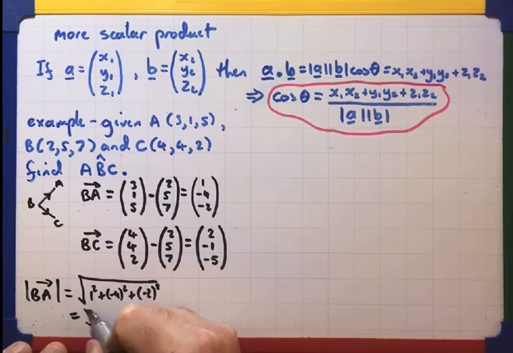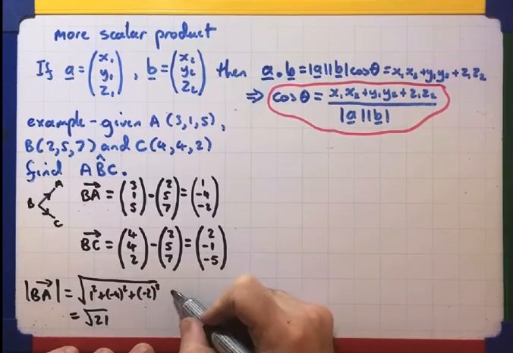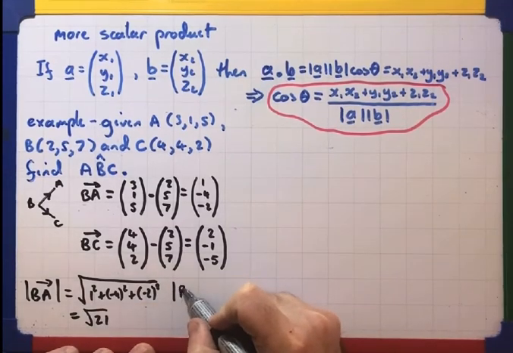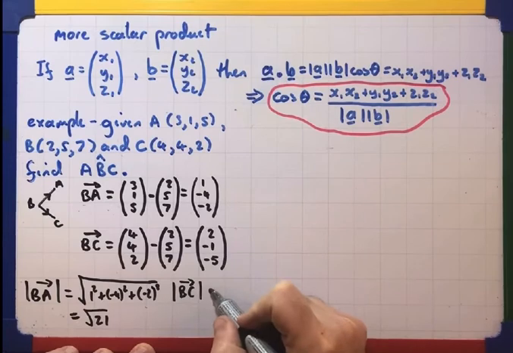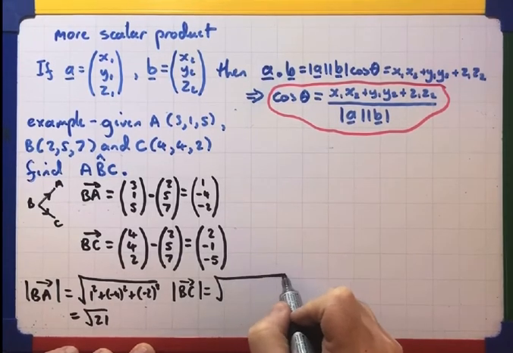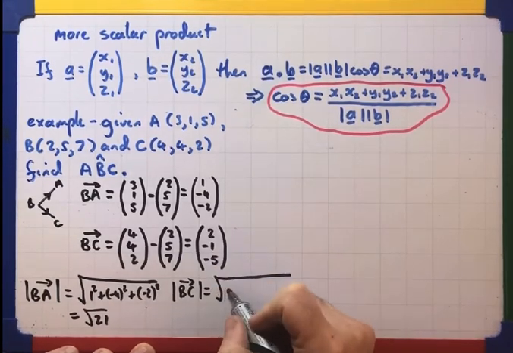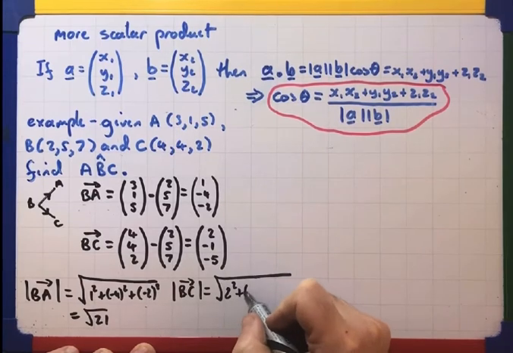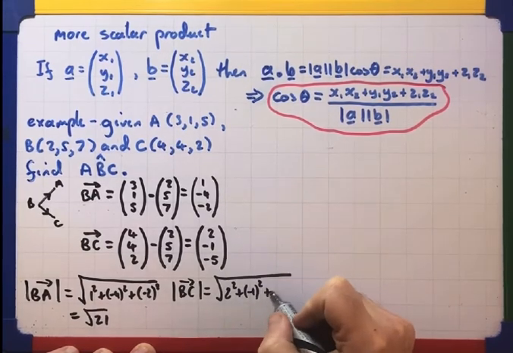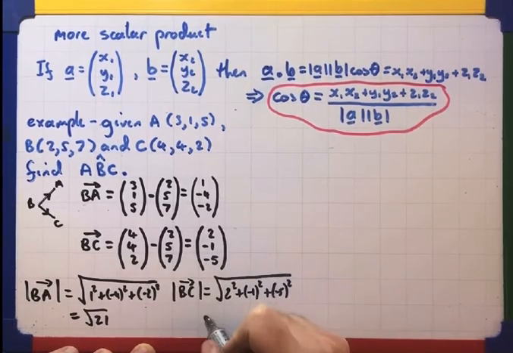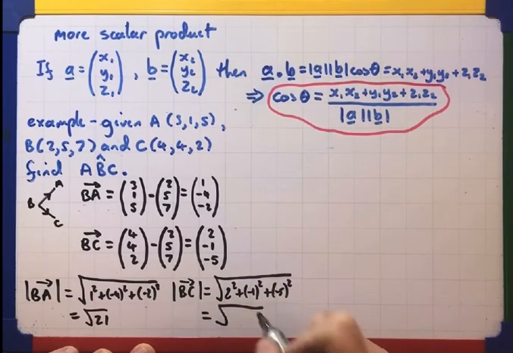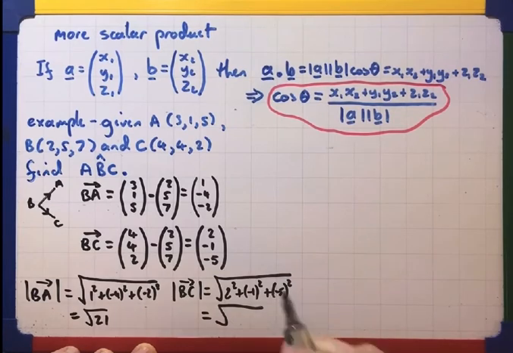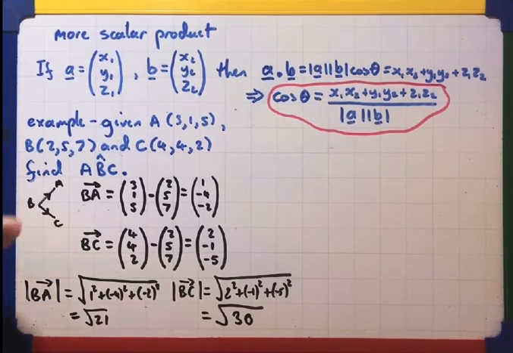So that's root 21. And for BC, that's going to be the root of 2 squared plus minus 1 squared plus minus 5 squared. 4, 5, 30. So now we've got the components and we've got the magnitudes.